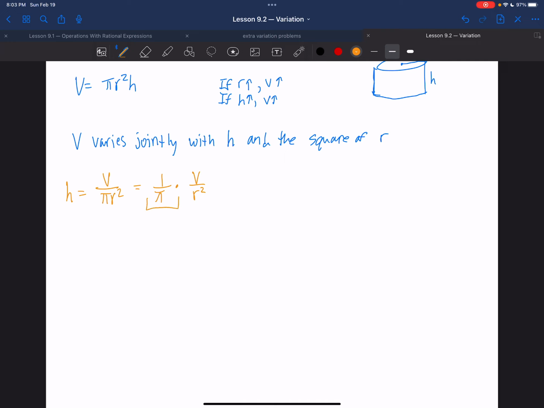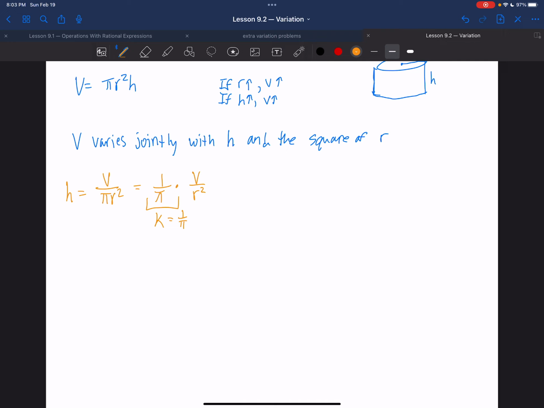1 over pi, that's your k. K is 1 over pi, so I'm making a mental note of that, because k isn't necessarily pi now. That's the constant you're multiplying by.